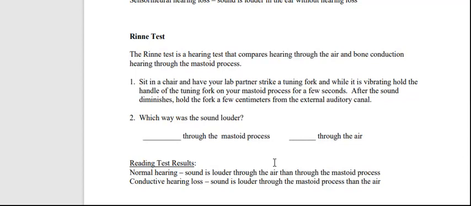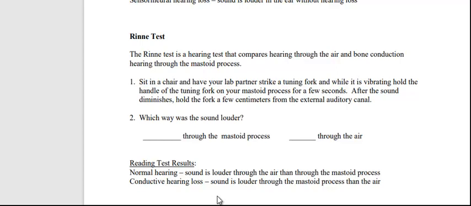Once you've held it onto the mastoid process and allowed the person to listen, then you want to move the blades of the tuning fork and hold it by the left ear and by the right ear and see which one they hear the sound better. And again, with conductive hearing loss, the sound is louder through the mastoid process than the air. So you have better bone conduction because your eardrums aren't able to pick up the sound as well. So that would be a conductive hearing loss.